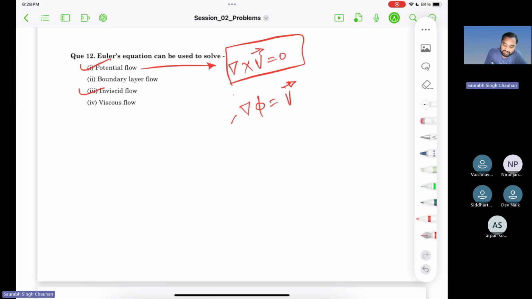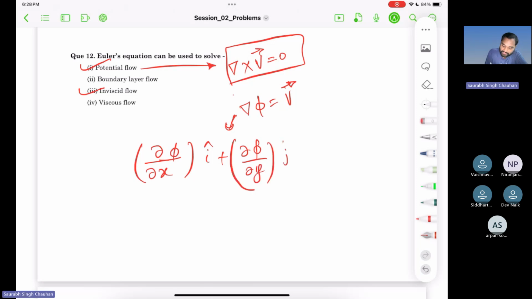So potential I can tell quickly. If you have this scalar phi, then you take the partial derivative of phi with respect to x. This will be your x component. The derivative with respect to y will be your y component.